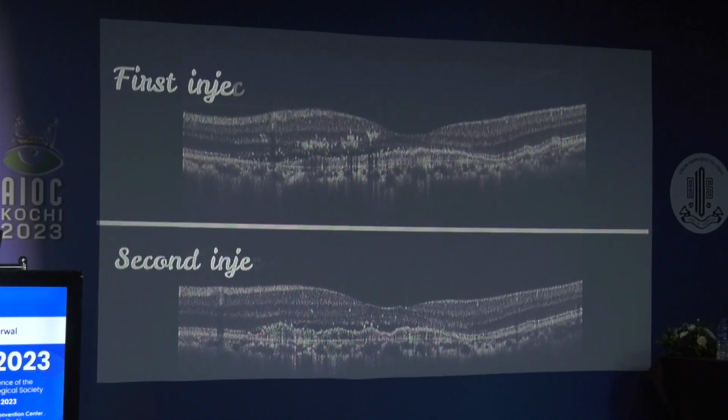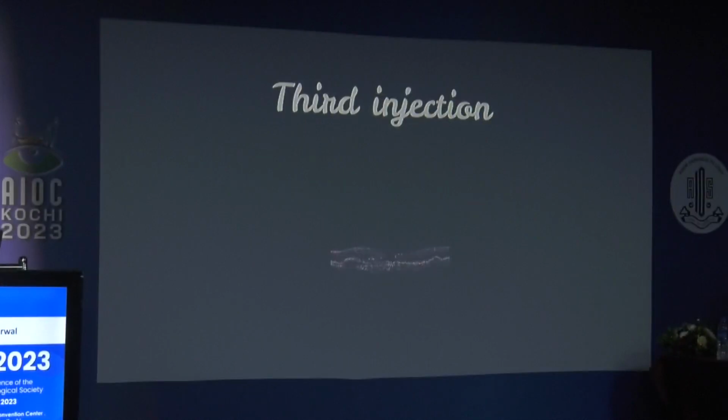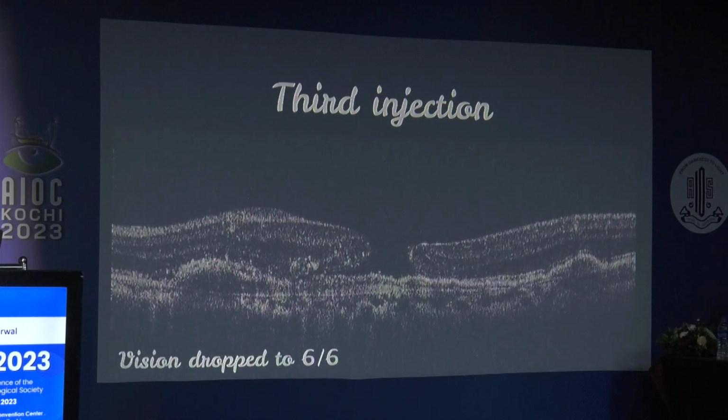In the left eye, intravitreal anti-VEGF injections were started. But after the third injection, there was resolution of VMT with formation of a large full thickness macular hole.